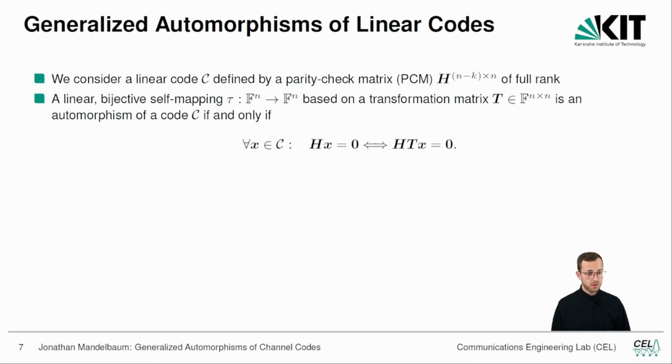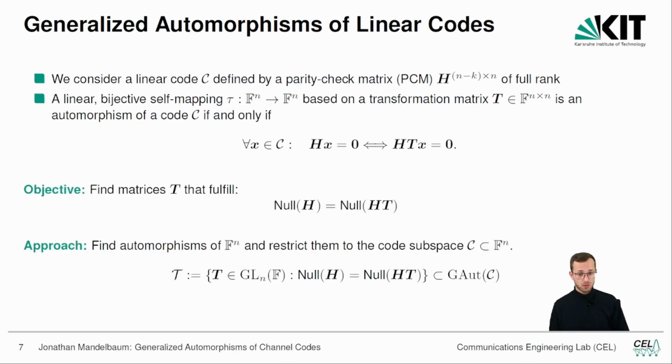and T is an automorphism of our code if and only if this following condition holds. Therefore, if we have a code word, therefore X lies in the null space of H, it must still lie in the null space of H after applying the automorphism T to it.